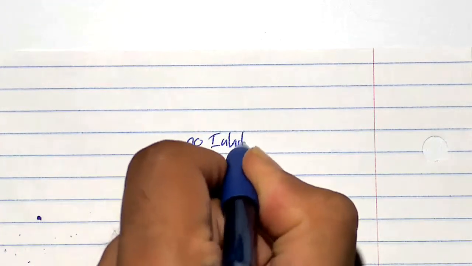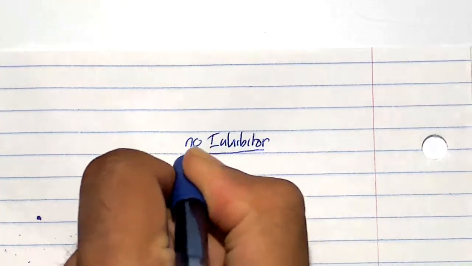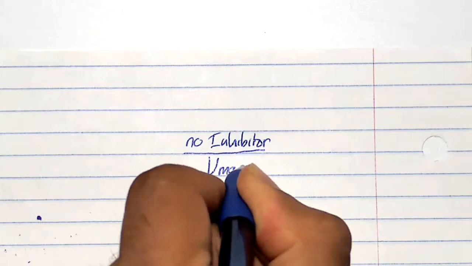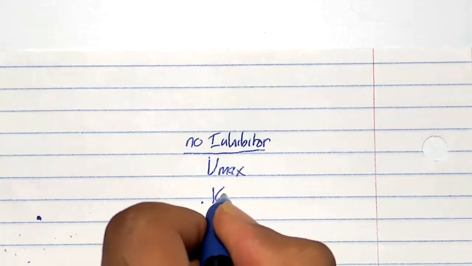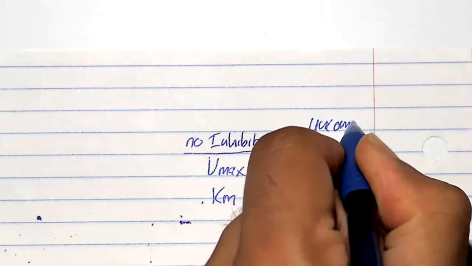Vmax and Km? So this is with no inhibitor. We have Vmax, and we have Km. We have the uncompetitive inhibitor.